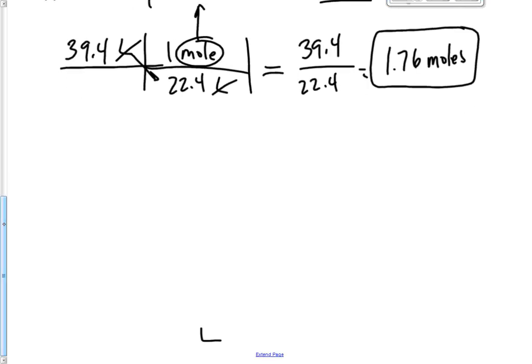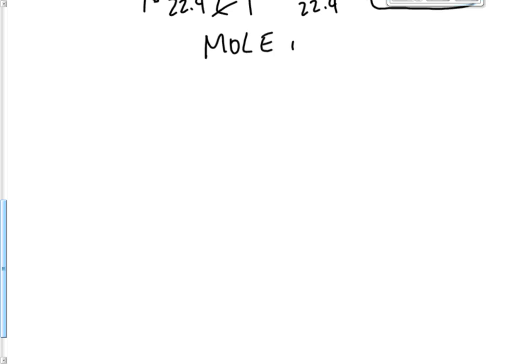What I'm going to show you now is the mole map. The mole map, which will be given to you, is basically a roadmap when you're using multiple conversions. When I give you liters or grams or moles or particles, and I ask you to convert those into any one of those, you can use your mole map to help you out.